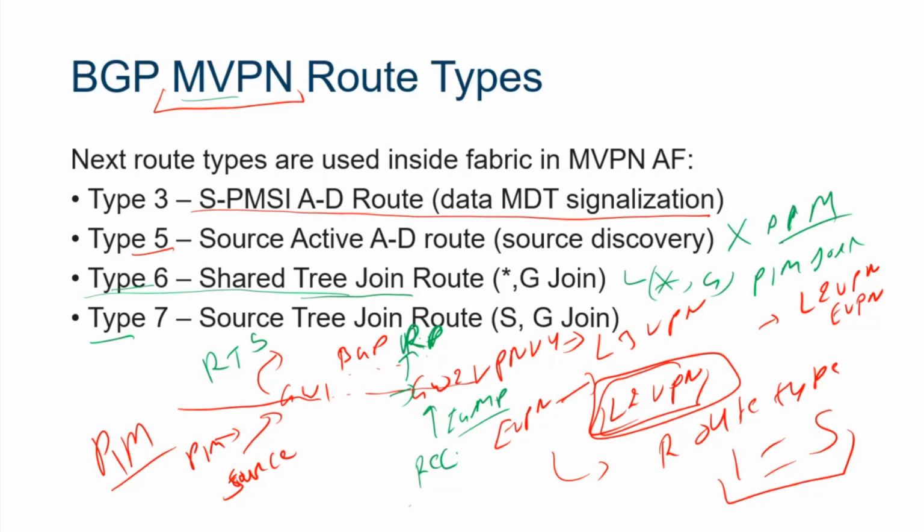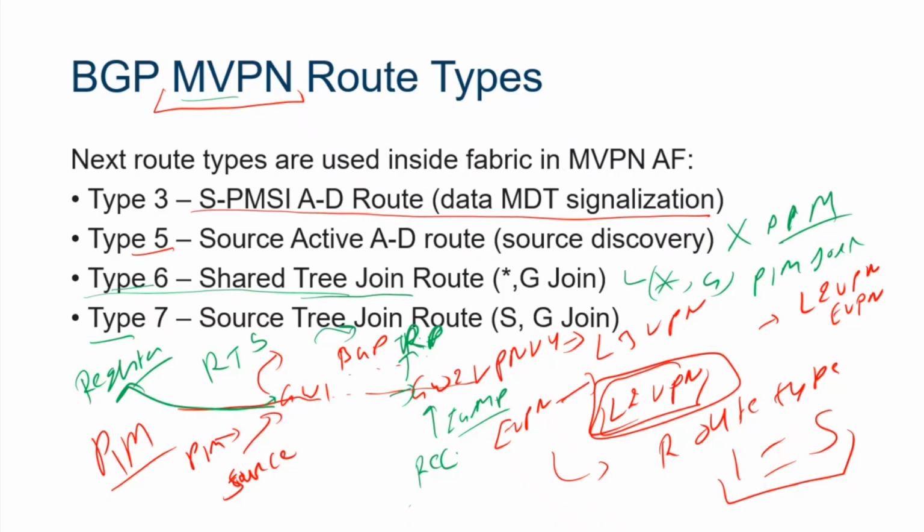Because the RP might have got some register message. Even though this route type 5 was generated and sent, this gateway will still send this register message towards the RP. And then the RP knows there is a source that exists.